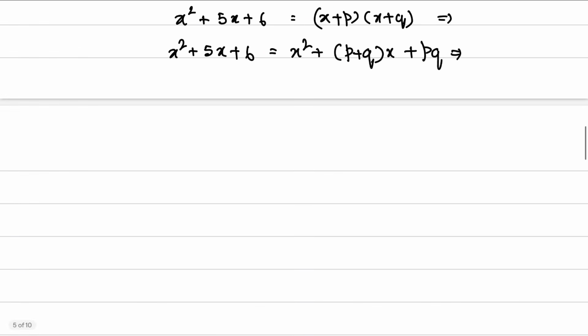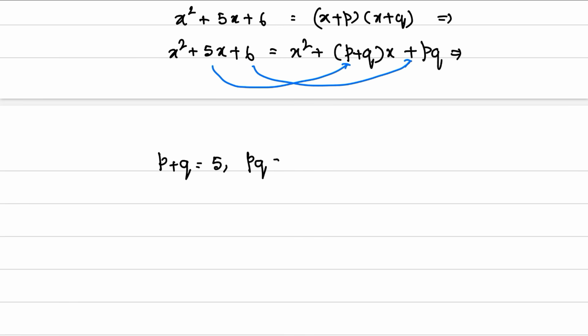From this what I have got? By comparing the coefficients of x, because x square coefficients are same, and constants, I get p plus q is equal to 5 and pq is equal to 6.